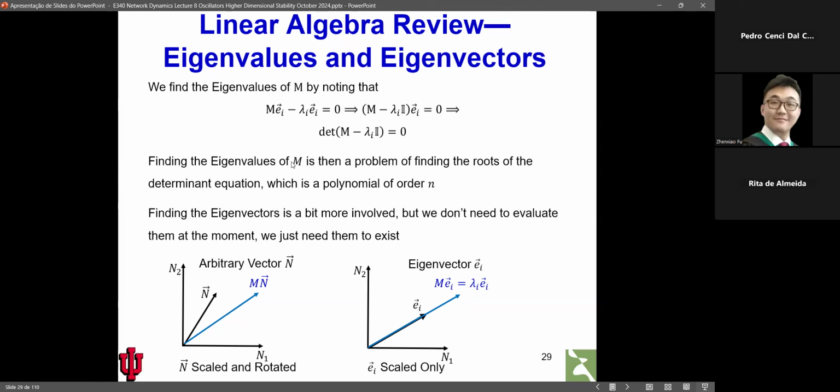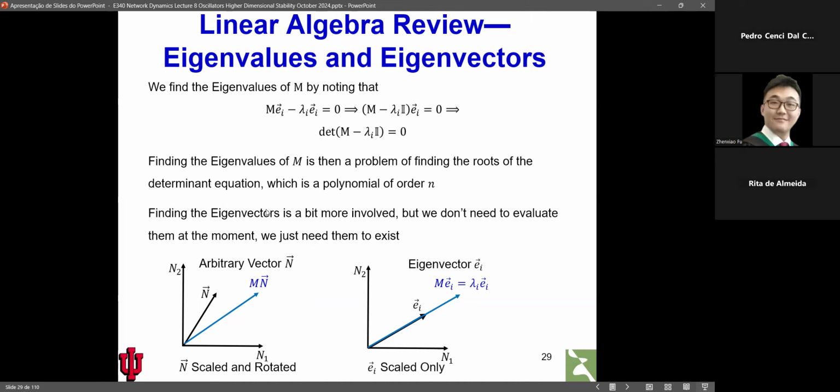So finding the eigenvalues of M is then a problem of finding the roots of a determinant equation, which is a polynomial of order n. If it's order 2, it's okay. If it's order 3, we can solve it. And well, we can solve any polynomial equation if we have enough time or a good program, right? Finding the eigenvectors is a bit more involved, but we don't need to evaluate them at the moment. We just need them to exist.